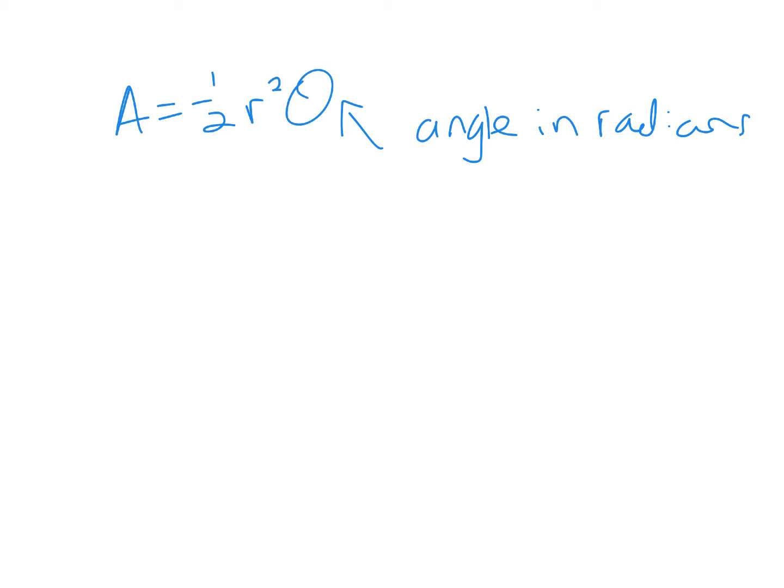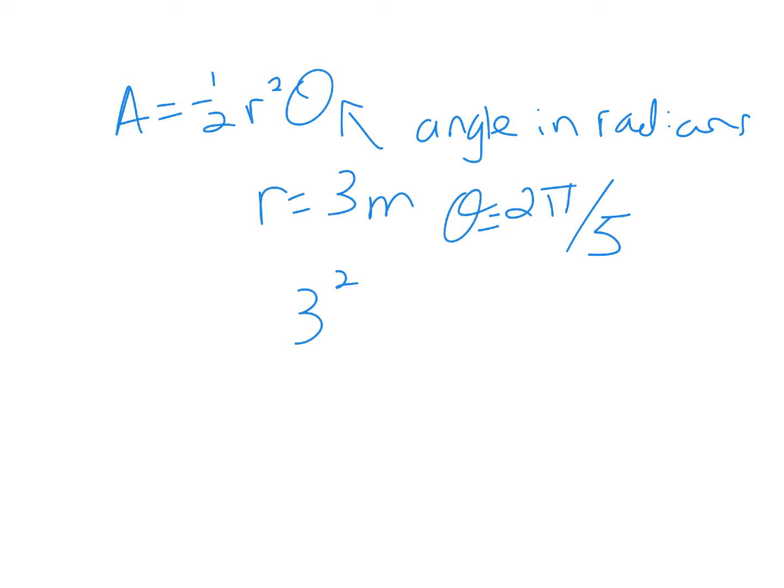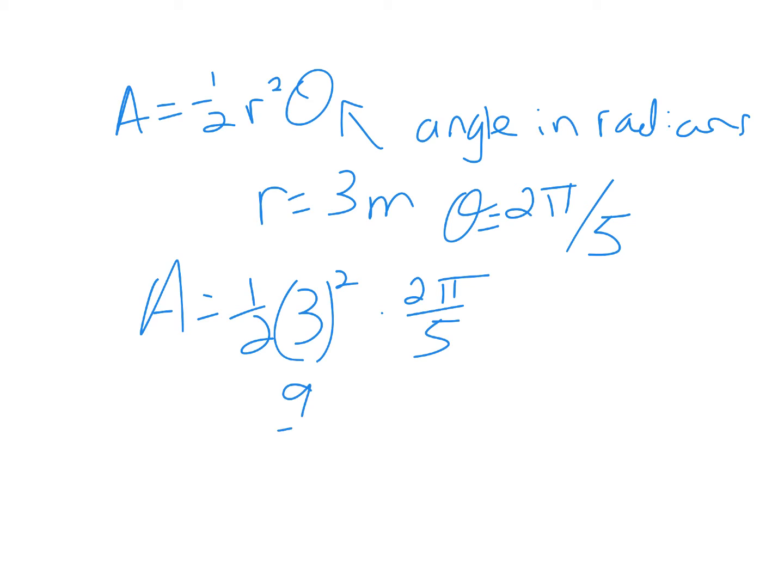Let's say theta is equal to 2 pi over 5, and r is equal to 3 meters. Let's put that in. That's going to get us 9 over 2 times 2 pi over 5.